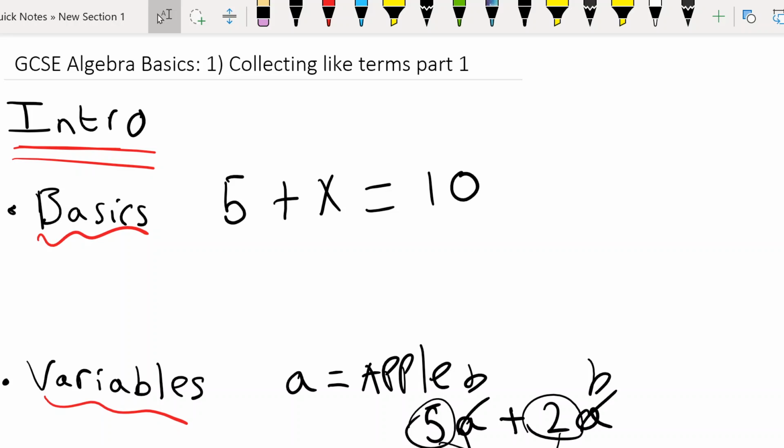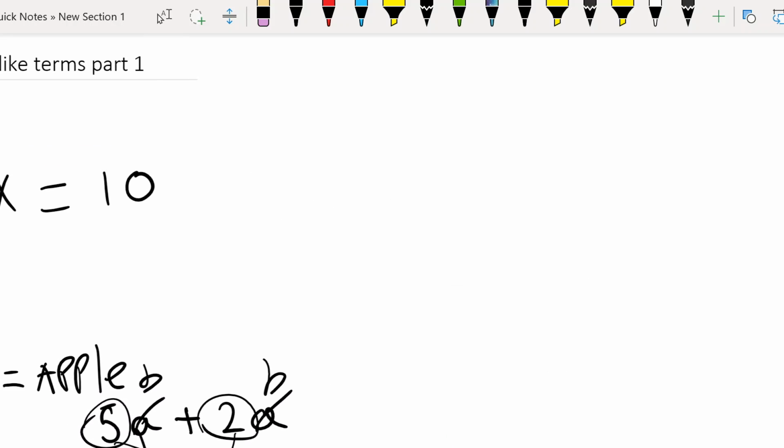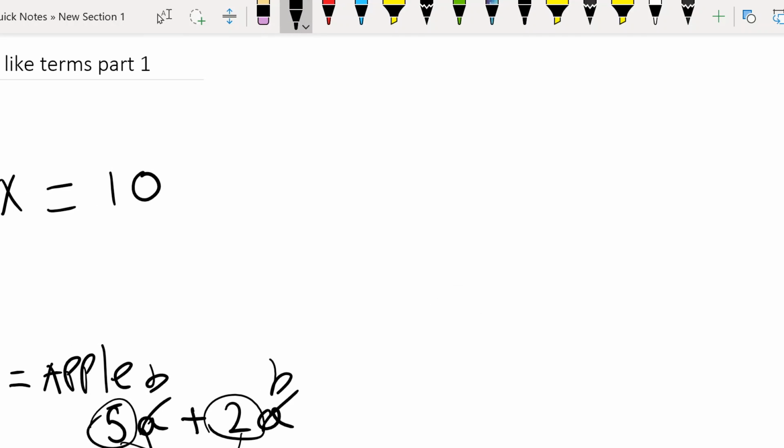And then that comes to the technique, something called collecting like terms, okay? So what's collecting like terms? Someone would give you a statement. In maths, we usually refer to it as a statement, it's not an equation.